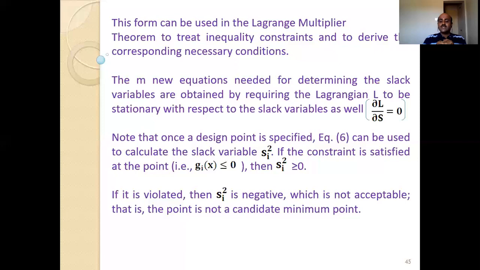Note that once a design point is specified, equation 6 can be used to calculate the slack variable Si square.